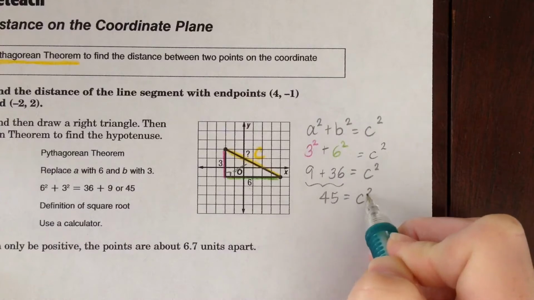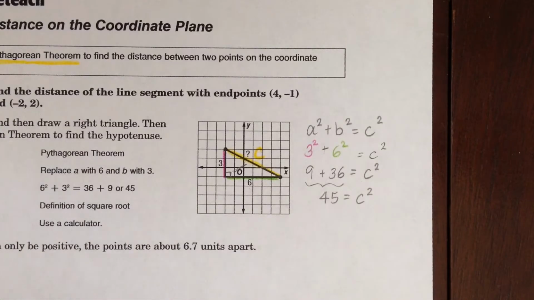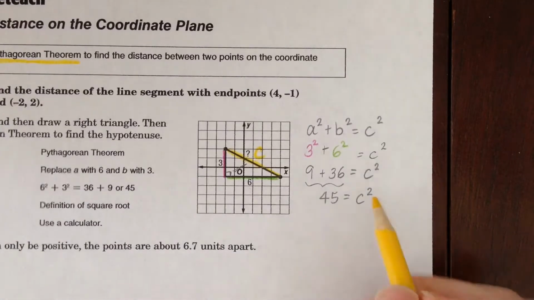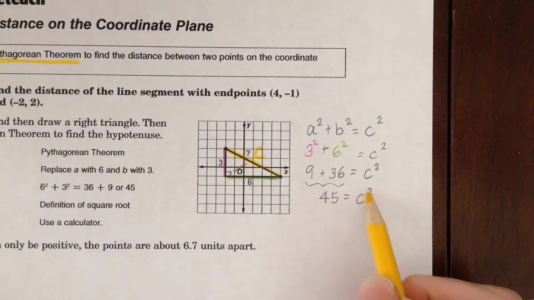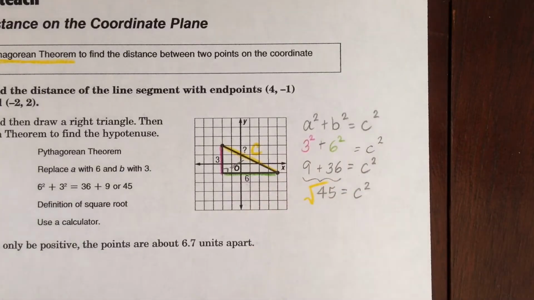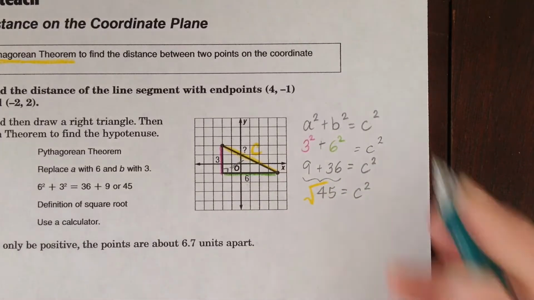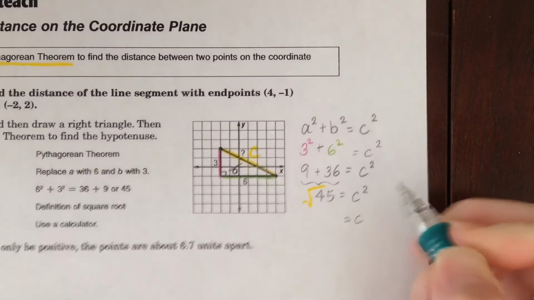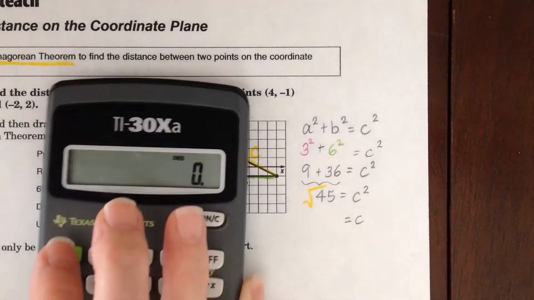45 equals C squared. Don't forget the last thing that you have to do. The inverse operation of squaring something, of multiplying it by itself, is taking the square root of it. So we'll take the square root of 45 in order to figure out what the value of C is. And here's where you're going to need a calculator.